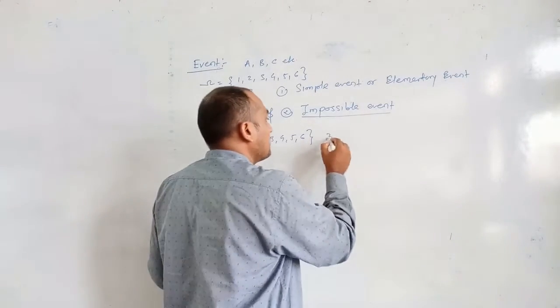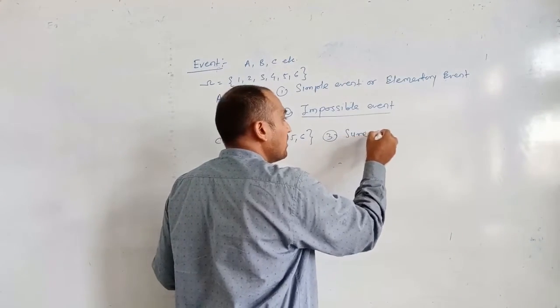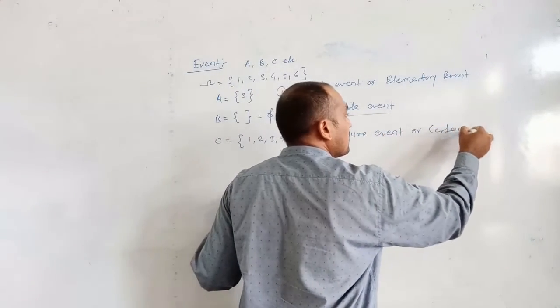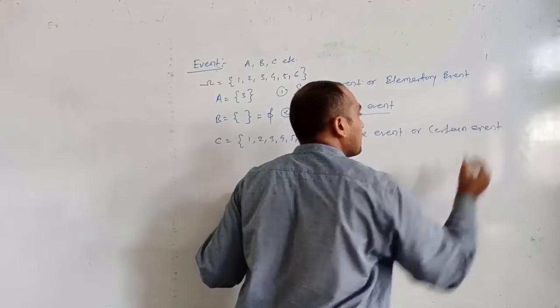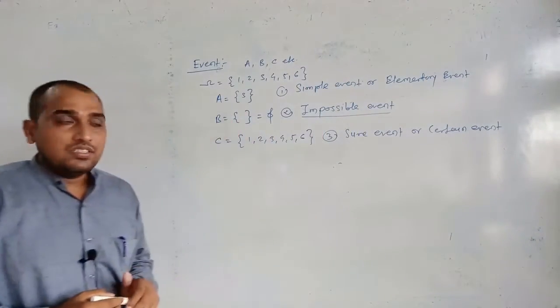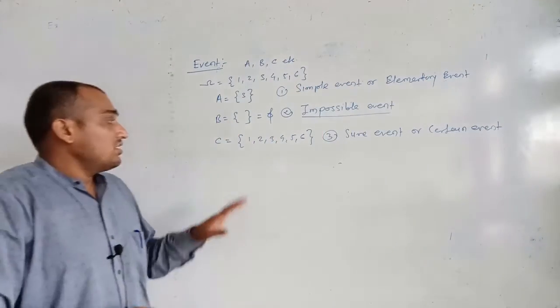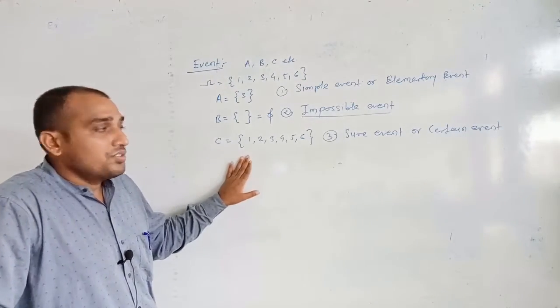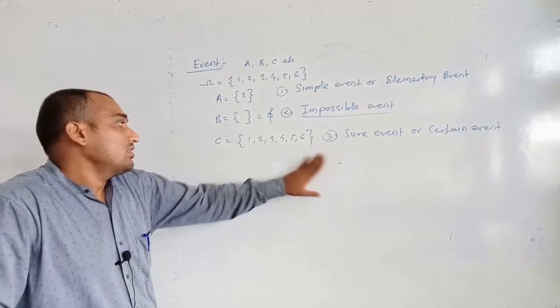Then number 3 is sure event or certain event. The event which contains all the elements from the sample space is called a sure event or certain event.